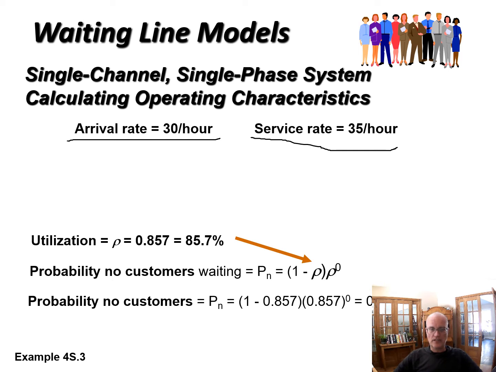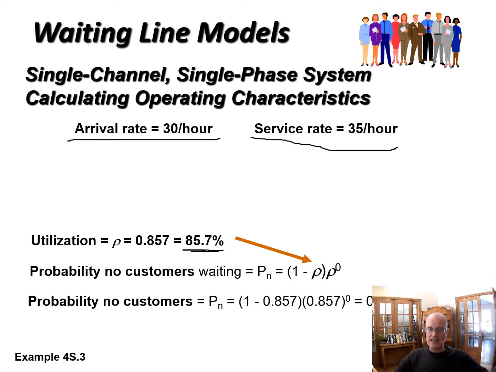So the probability that there are 0 customers is 1 minus rho times rho to the 0. Rho to the 0 is 1, so you have 1 minus rho. So this is the probability that there is at least 1 person in the system. And the probability of none, you can't see it here on the slide, but it will be 1 minus 0.857.